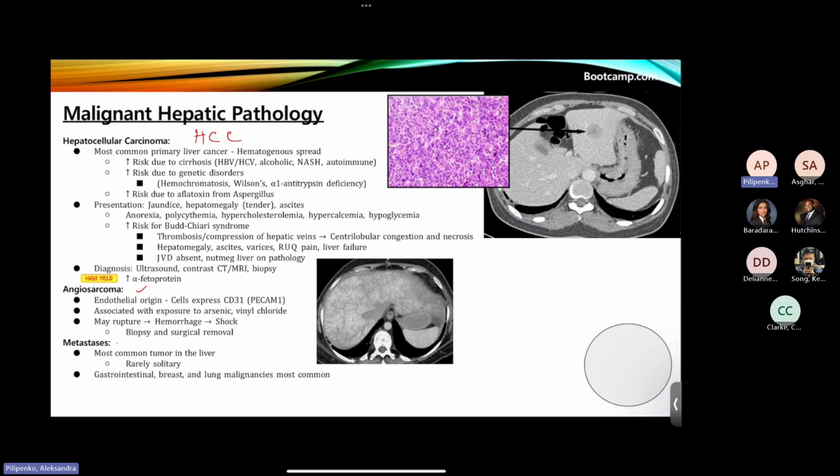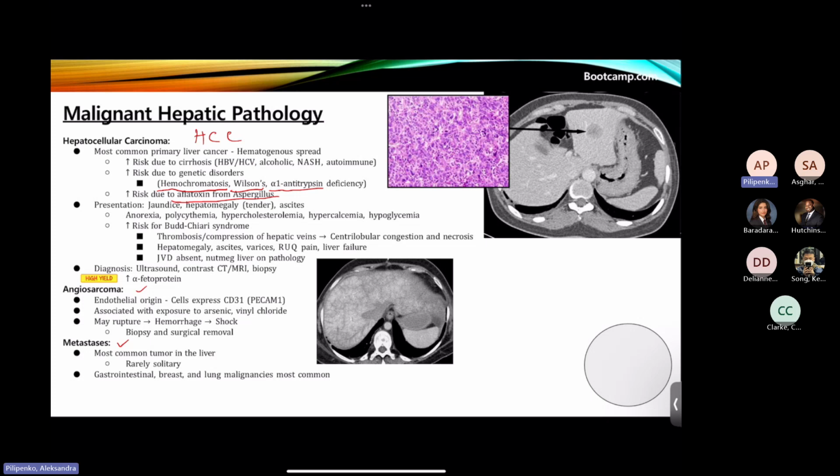So they will probably show you some radiology slides for liver metastasis. You will learn all of those diseases: hemochromatosis, Wilson's, alpha-1 antitrypsin deficiency. This is the micro part of the liver injury. Okay.